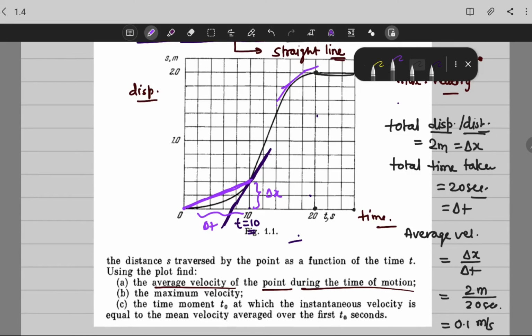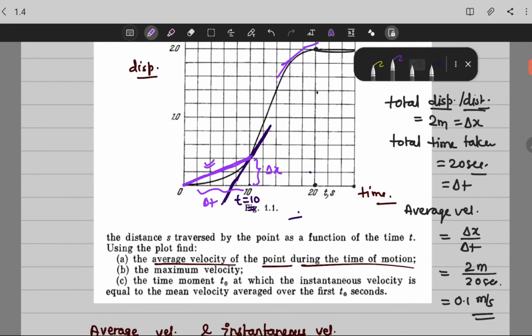So clearly it is visible that the slopes of these two lines are not the same. So the question is asking at what time instant t naught the average velocity between 0 to t naught is the same as the instantaneous velocity at that time instant.